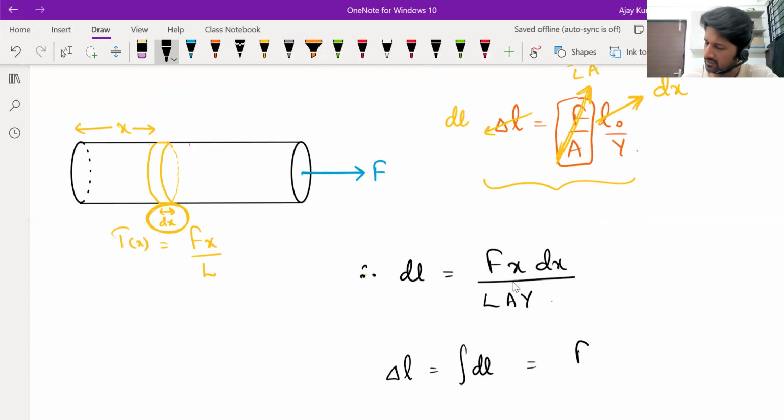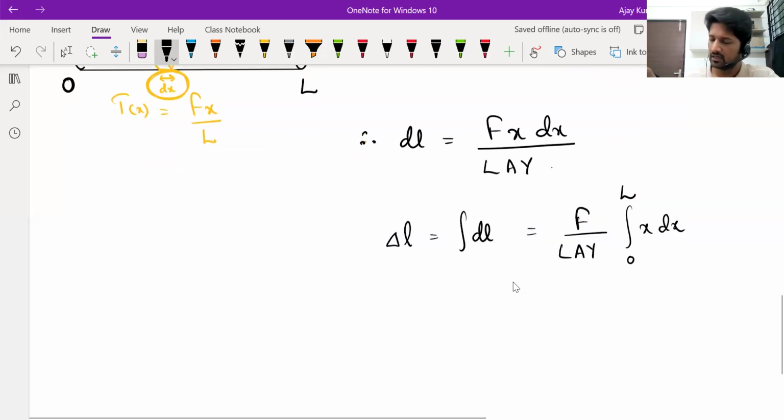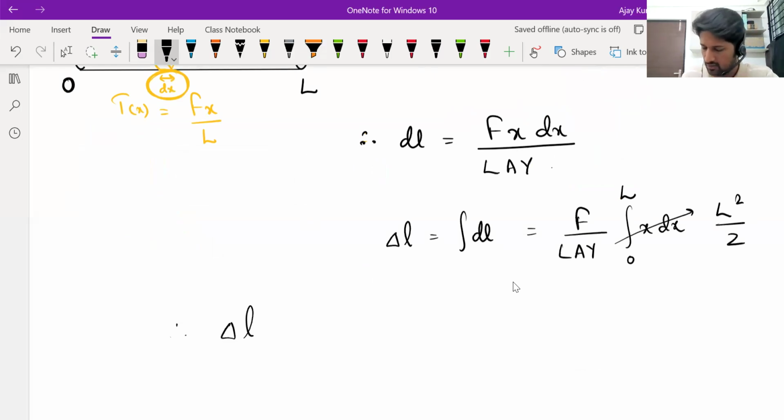So you'll need to integrate, see F by LAY, these are constants. You'll need to integrate x dx. And to cover the entire wire, x varies from 0 to length L of the wire, 0 to L. Integral x dx is x square by 2. After substituting limits, it becomes L square by 2. One L gets cancelled. You will get the total elongation in the wire as FL by 2AY.